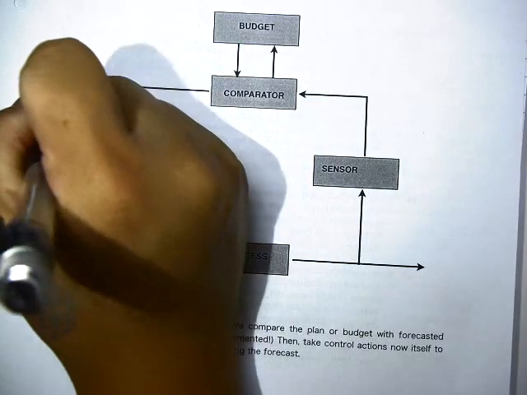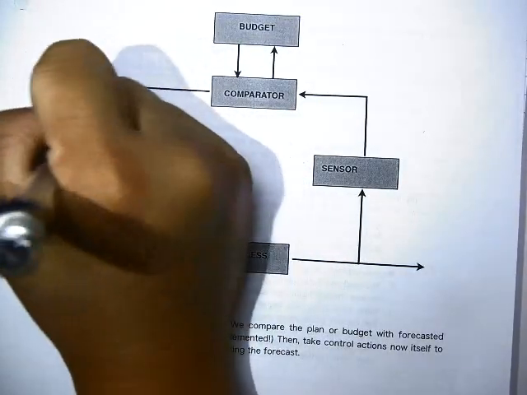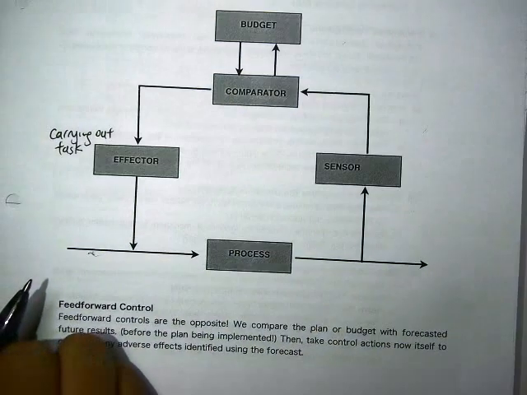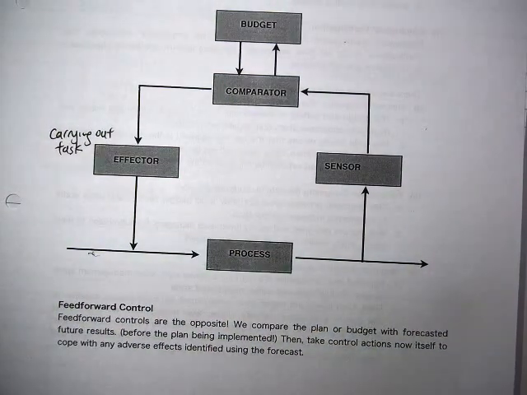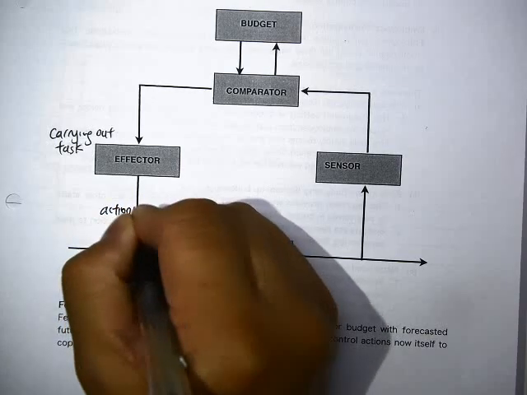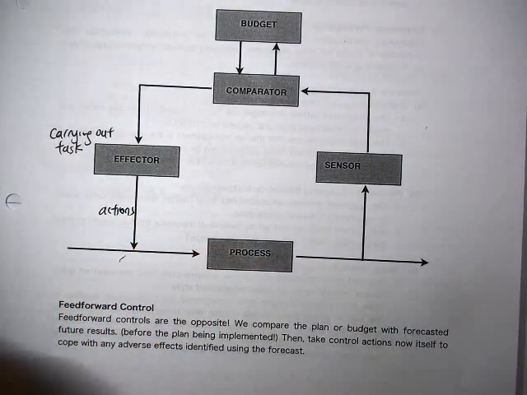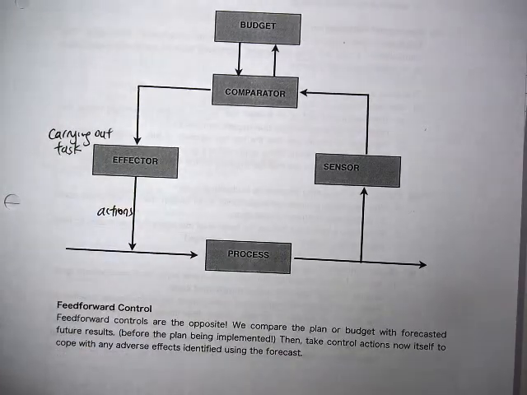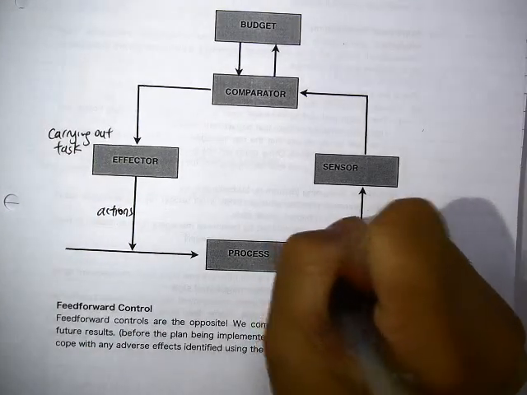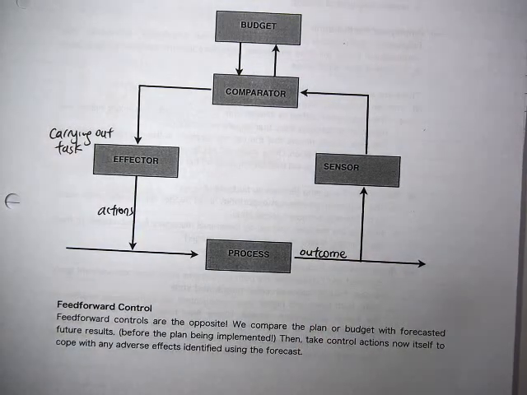So the effector is the one that will be carrying out the task. Okay, so you will take action. Now, as actions are being taken, you put them into a process. Now, this is where the outcome will be obtained. You will know the actual result, correct enough?